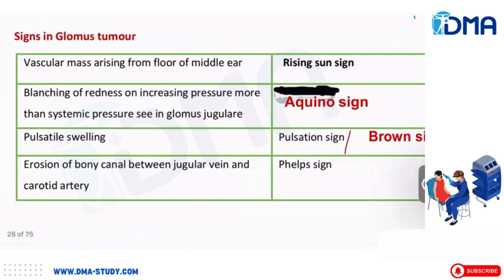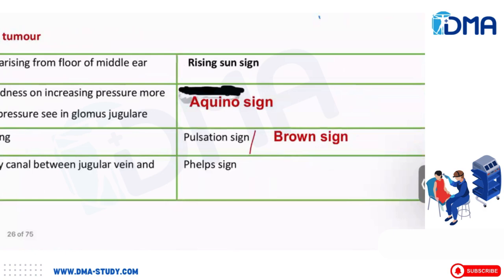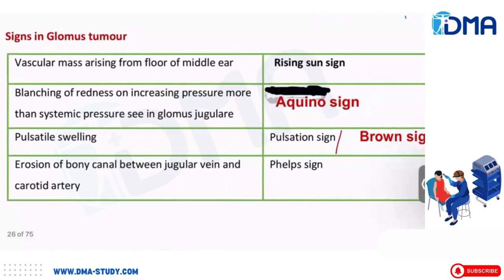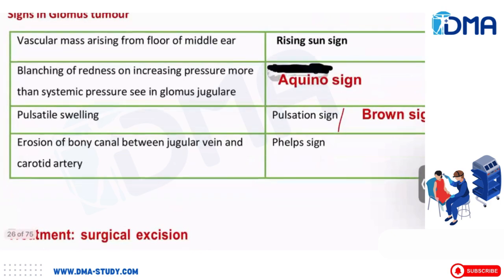So rising sun sign, very, very important. Second one is blanching of redness on increasing pressure more than systemic pressure. We are just applying pressure into the ear. If the tumor blanches on applying pressure, it is Aquino sign. If the tumor pulsates on applying pressure, it is pulsation sign or Brown sign. Erosion of the bony canal between jugular vein and carotid artery is called Phelps sign.